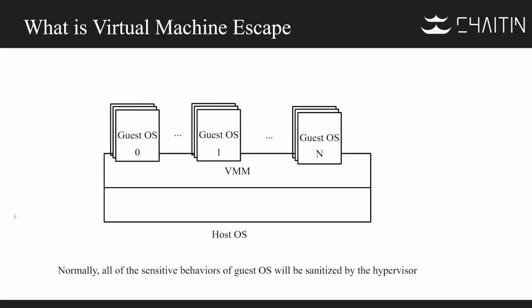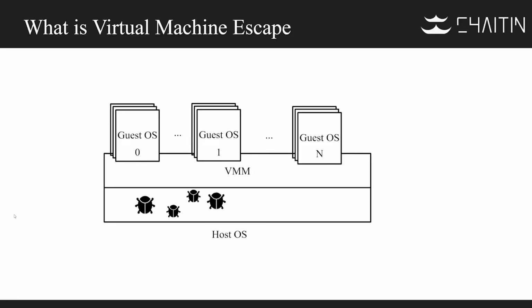In normal circumstances, the guest OS runs on the hypervisor. When the guest OS executes some sensitive instructions or communicates with the hardware, the hypervisor will handle it. The host emulates virtual hardware and handles RPC requests for the guest. Guest OSes are isolated from each other and cannot affect the host OS.